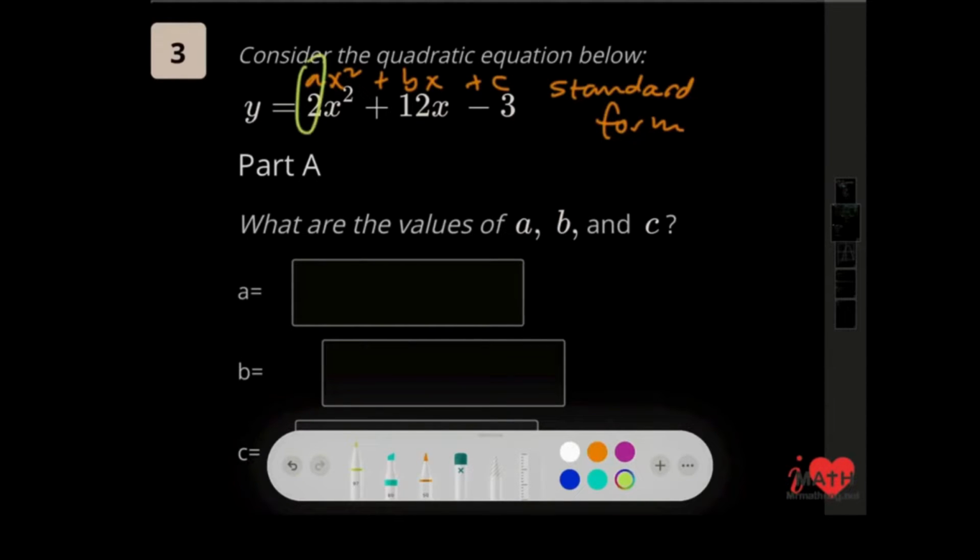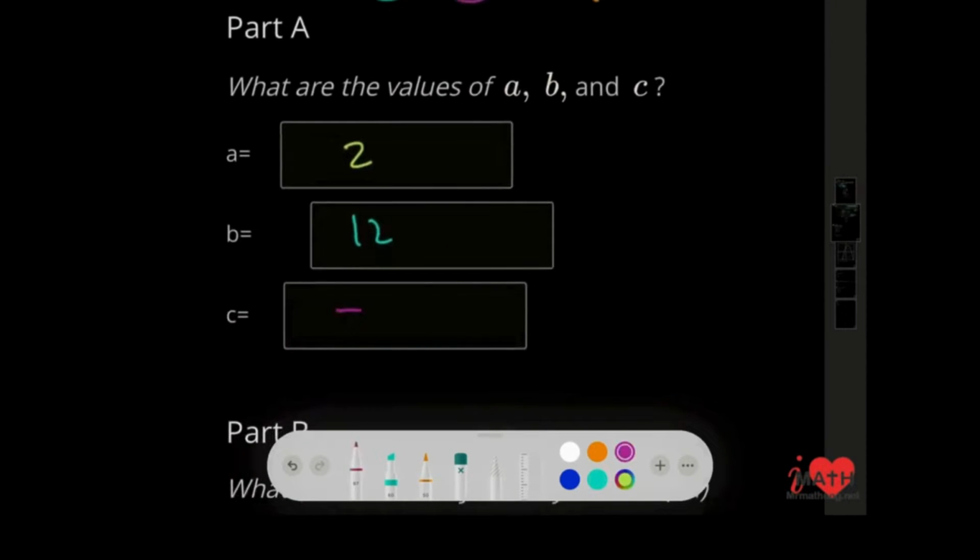So a is 2, b is 12, and c is -3. Did you notice how here the a's, b's, and c's are never x or x squared, right? It's the numbers in front. Those are called coefficients.